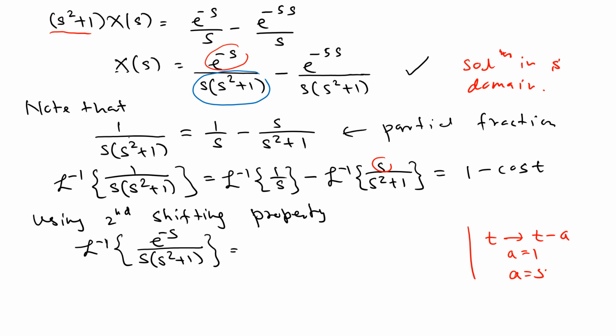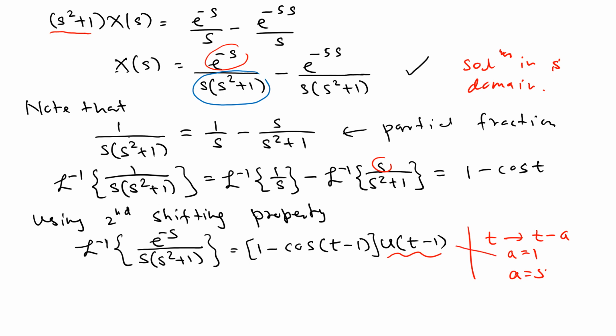So it's going to be 1 minus cosine of t minus 1, and then you also multiply the whole function by u(t minus 1). That's what the second shifting property says: whatever the function, replace t by t minus a, and also multiply by the extra function u(t minus a). Here a equals 1.